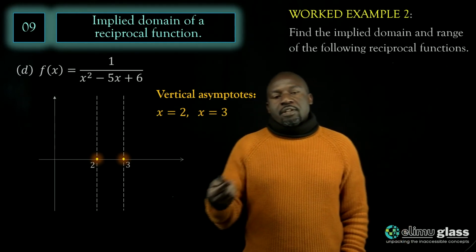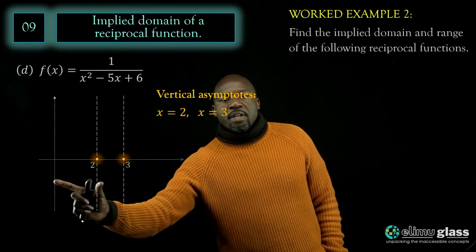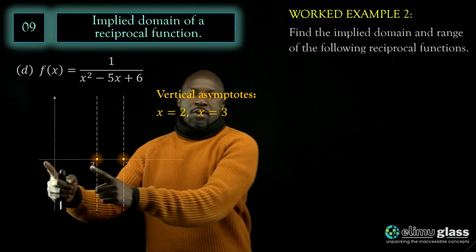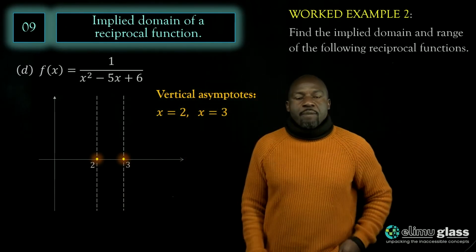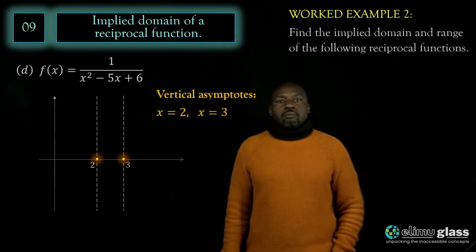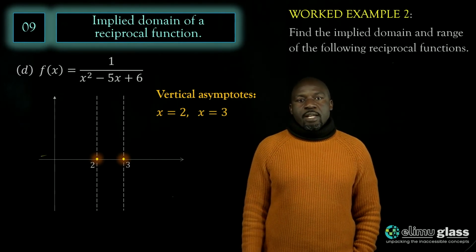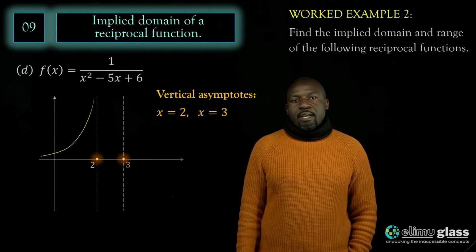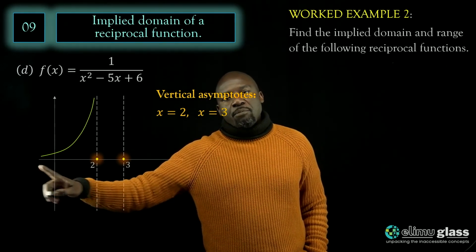This is a sketch, so these positions need not be perfect. It might be that this distance here is not twice this distance, but it's not important because we are sketching. As we would expect, one line will come from the left and go up, because the value of the function increases below 2.